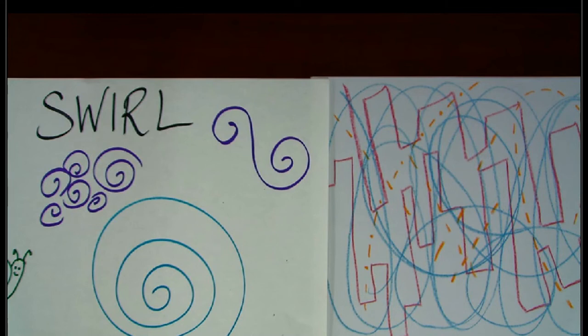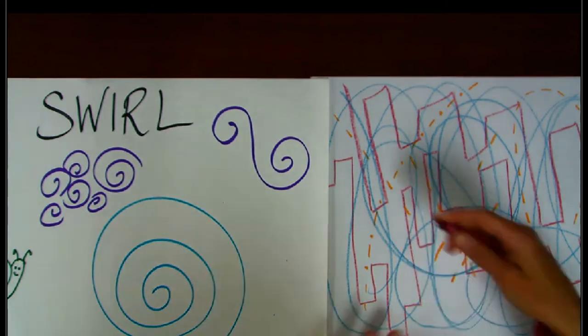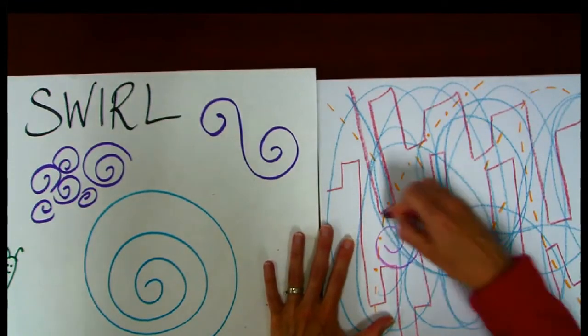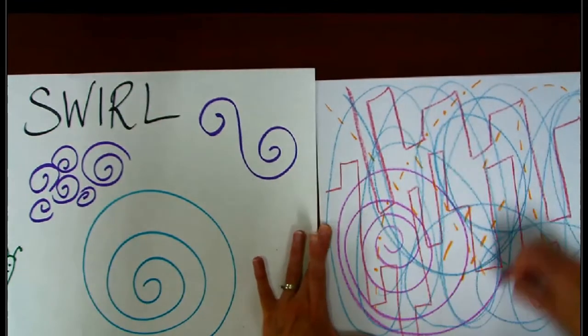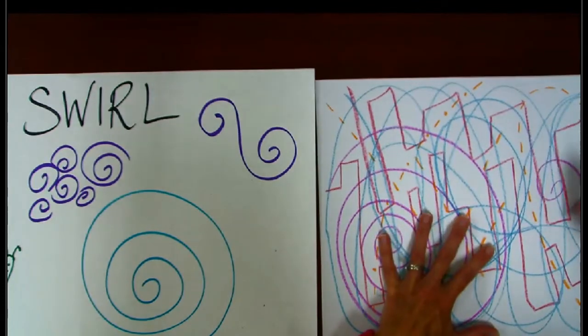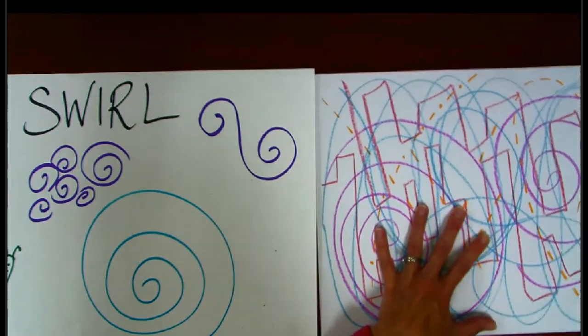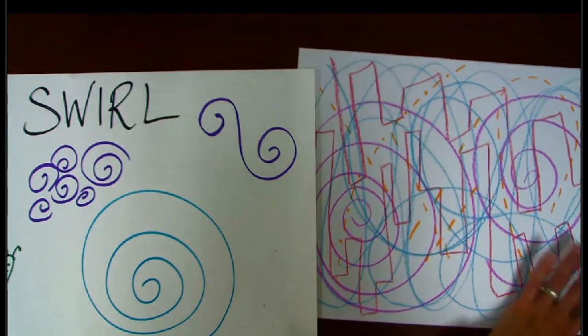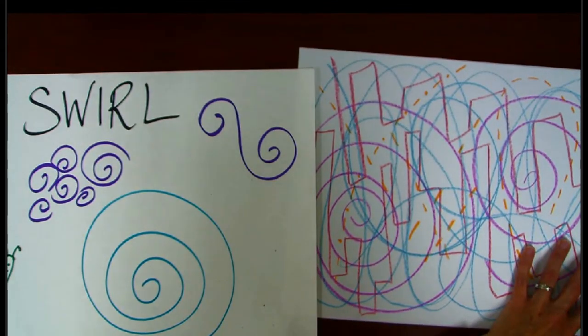They're just not working for this. All right, so I'm going to go ahead and do my swirl line. Remember, I like to start small and I like to go big on my swirls, but you might like to do something else. Remember what your swirls look like.